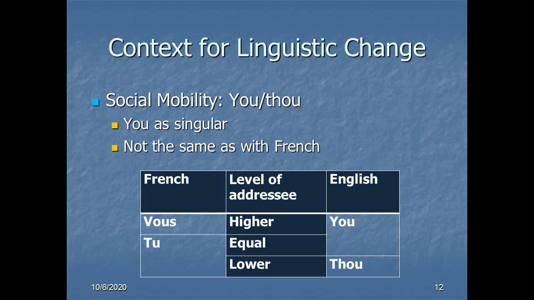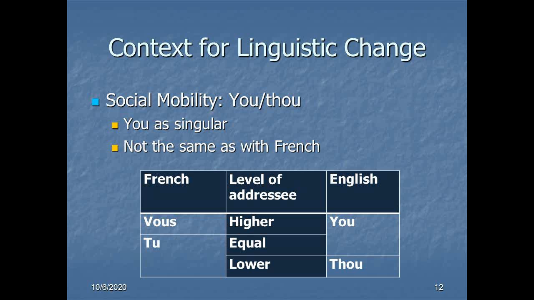That is, it's a sign of respect to address a single person as vous. Thus, when we're holding a door for someone, we would say après vous, not après toi. So in French, when we're speaking simply about the singular, tu is used for equals or subordinates or inferiors, and vous is used for social superiors, or as a sign of courtesy.